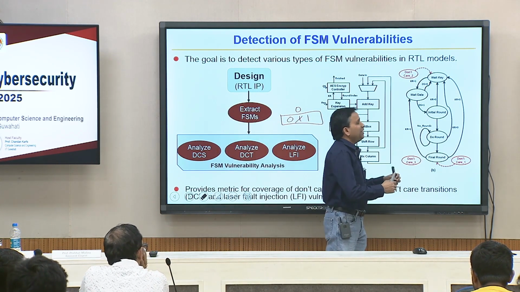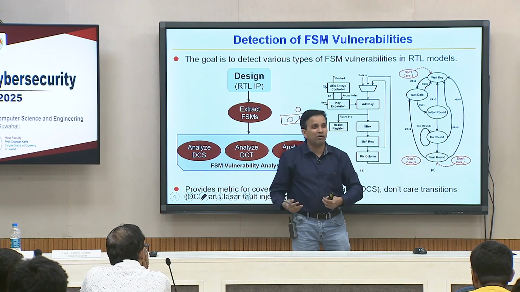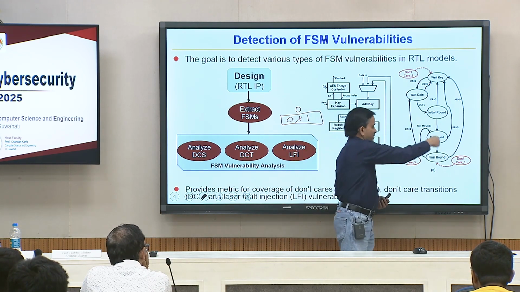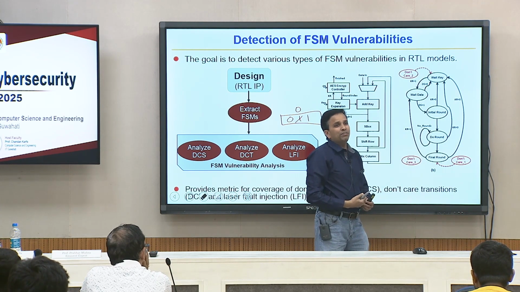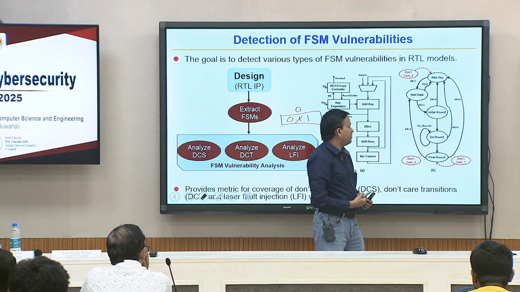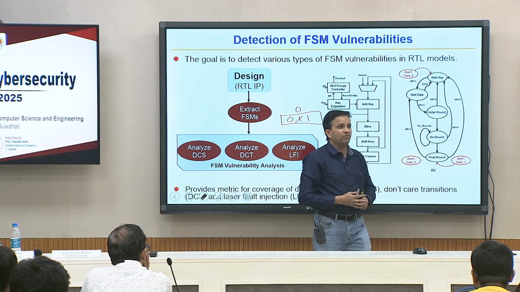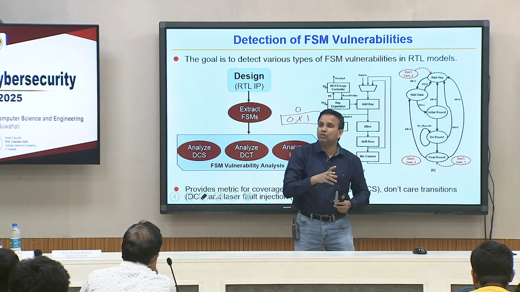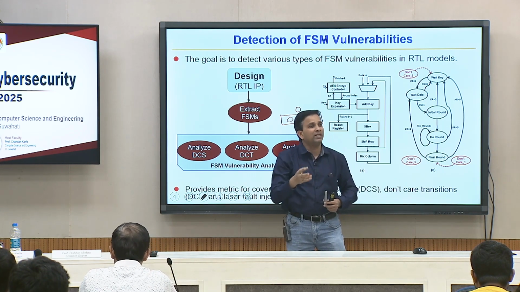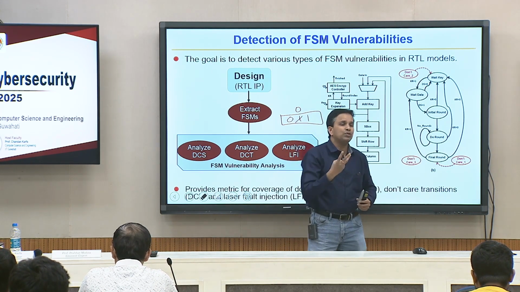So, when I wrote the code, I had 5 cases. I did not put in the default, or I did not care. But because there are 5 states, whether the synthesis tool does binary encoding or one-hot encoding, it really does not matter. It needs to use 3 bits.